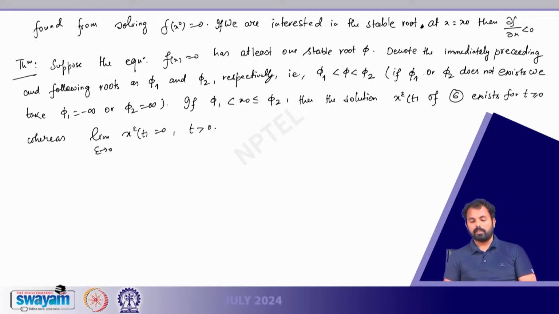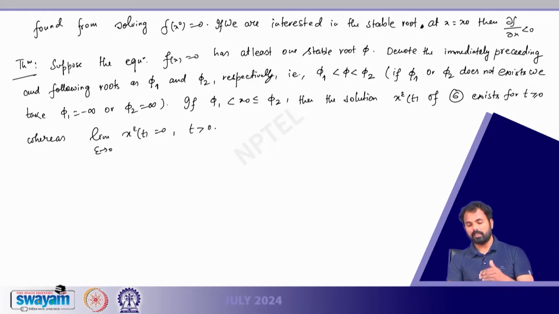So this particular theorem actually tells us the property of the stable root for this general perturbed equation epsilon times x epsilon dot equals f of x epsilon, with x epsilon at 0 equals x0. From there we can draw what kind of behavior the solution has as epsilon tends to 0.